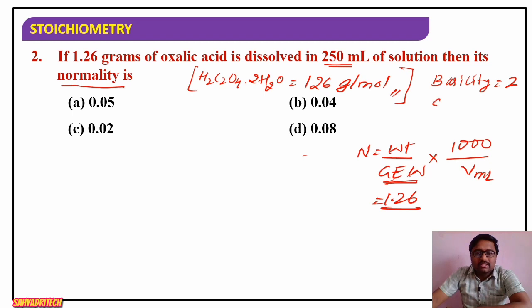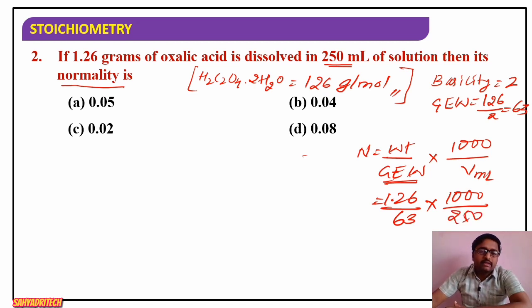Therefore gram equivalent weight is equal to molecular weight divided by basicity. 126 divided by 2, how much is it? 63. Then 1.26 divided by 63 into 1000 divided by 250 ml.